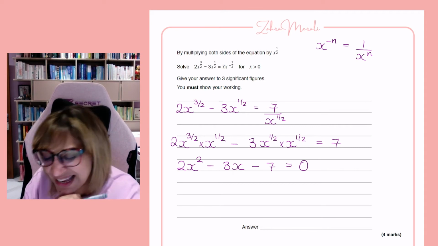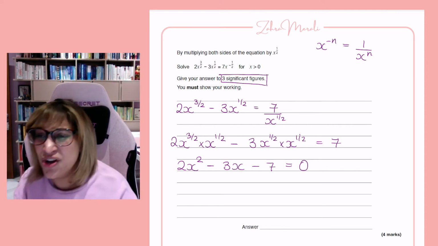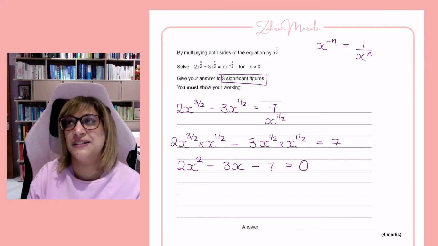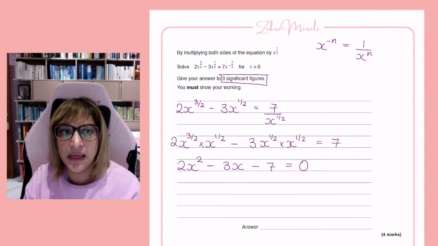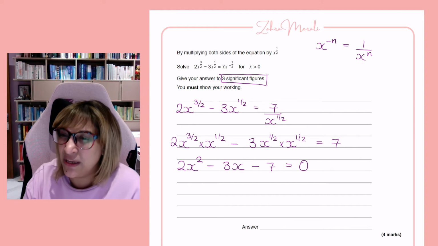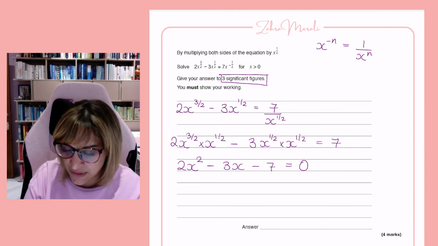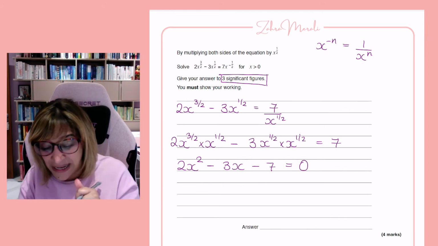And because it says 3 significant figures, we know that we're going to be using the formula. If it's a calculator paper, you can just stick it into your calculator. And it will be a calculator paper actually, because you won't be able to do the square root without it. So you can put it into your calculator and sort of work backwards.